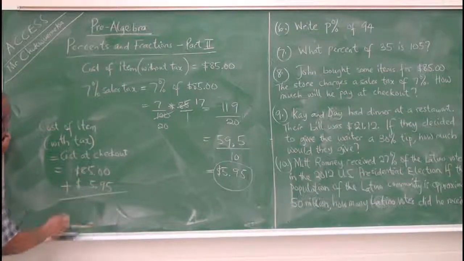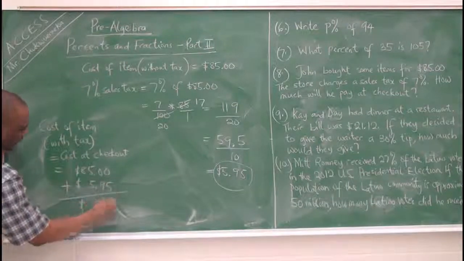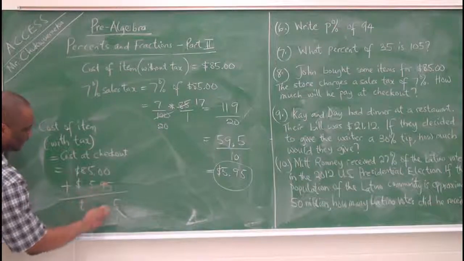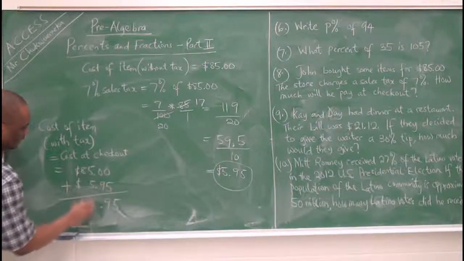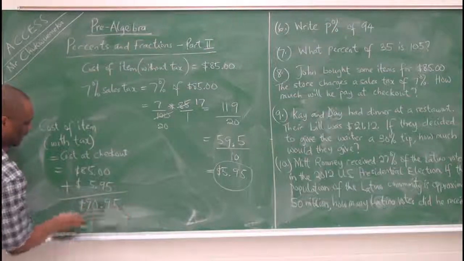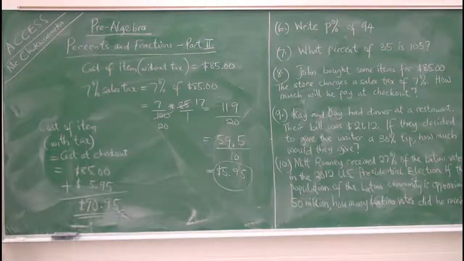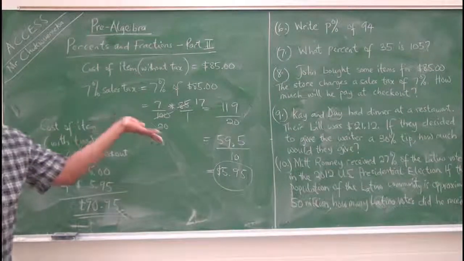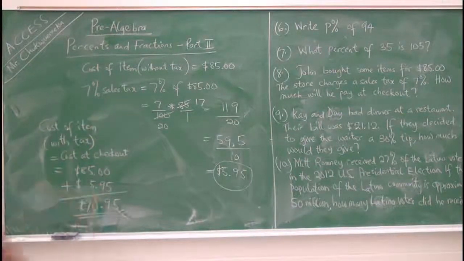And the total cost now will be 0 plus 5 is 5, 0 plus 9 is 9, 5 plus 5 is 10, 1 plus 8 is 9. $90.95 will now be the total cost that he's going to pay. So you see a good application of percent right here.